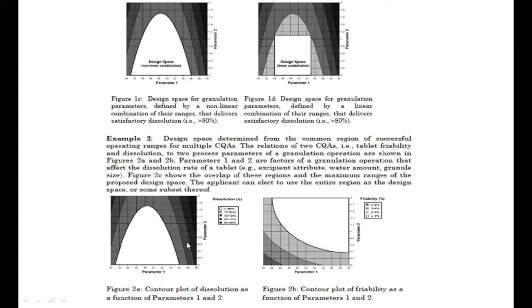Now suppose another CQA is also affected by these two parameters. For example, the other CQA is friability, and this is the contour plot presentation. This white area indicates the friability is less than 2%. Obviously the desirable friability is less than 2% in this case.